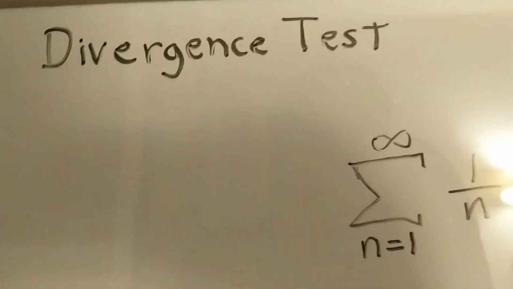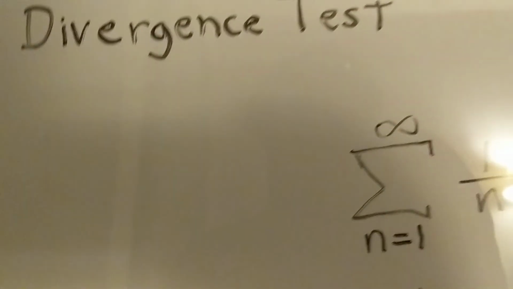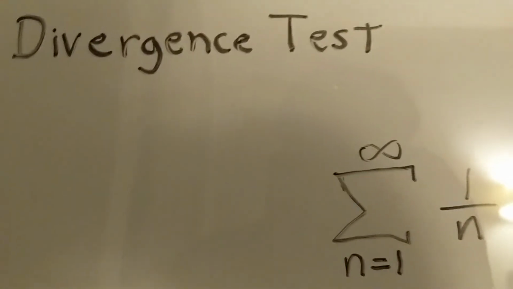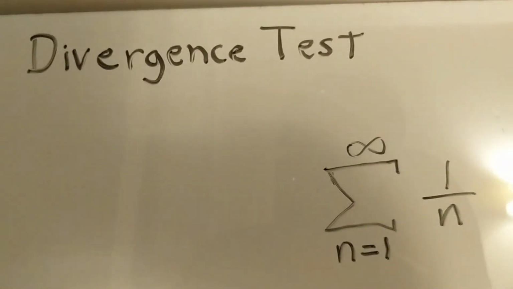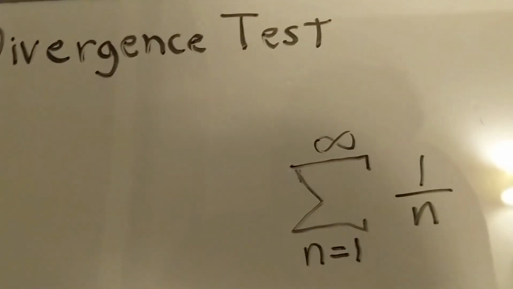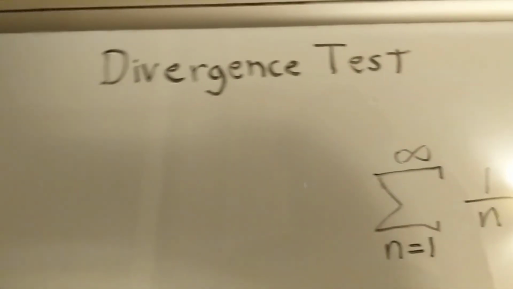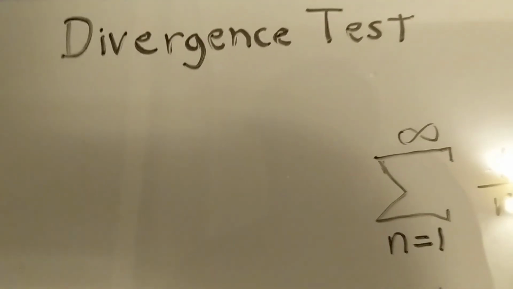If you're taking any of those courses, you'll find this test quite helpful. It's a pretty easy test to grasp in terms of simplicity. I hope this video wasn't too complicated and I didn't overcomplicate things.